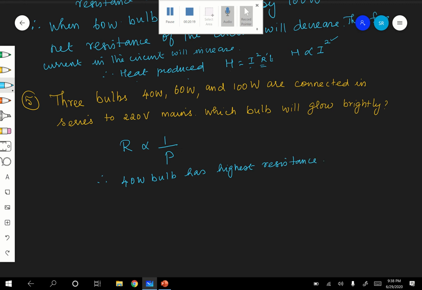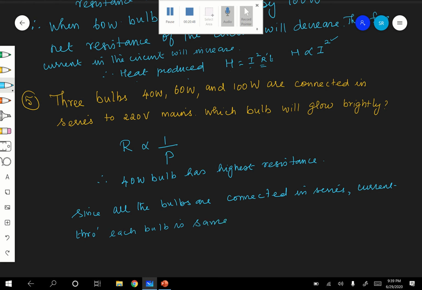Are you following? Since all the bulbs are connected in series, you have to be very careful: in series, the current through each bulb is the same. So I is the same. Now the question is, which bulb glows brightly?